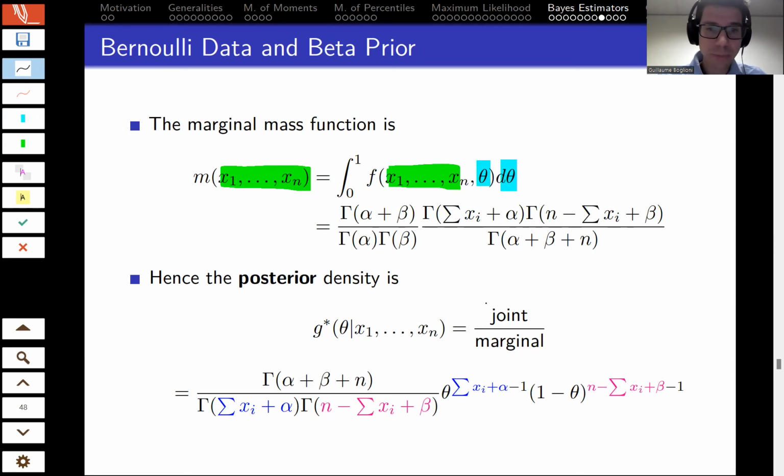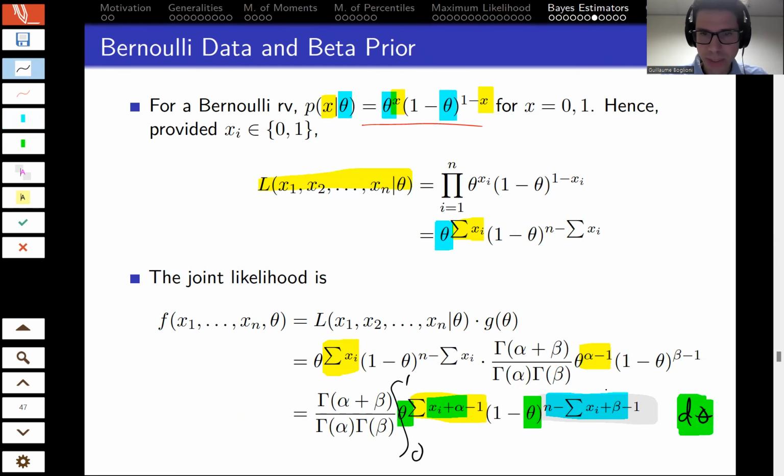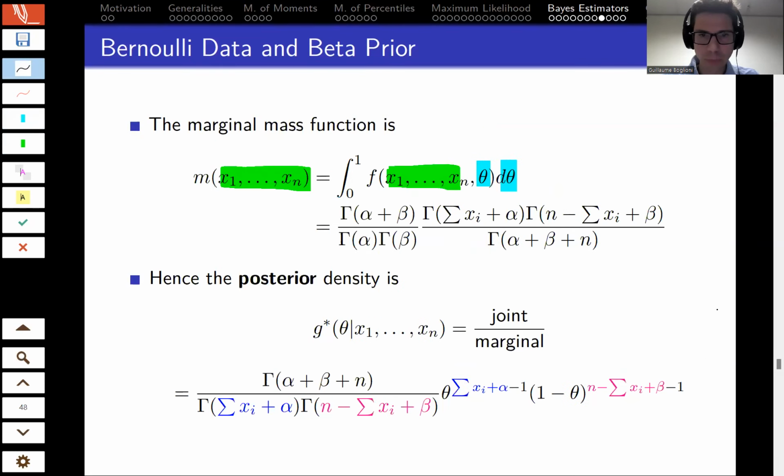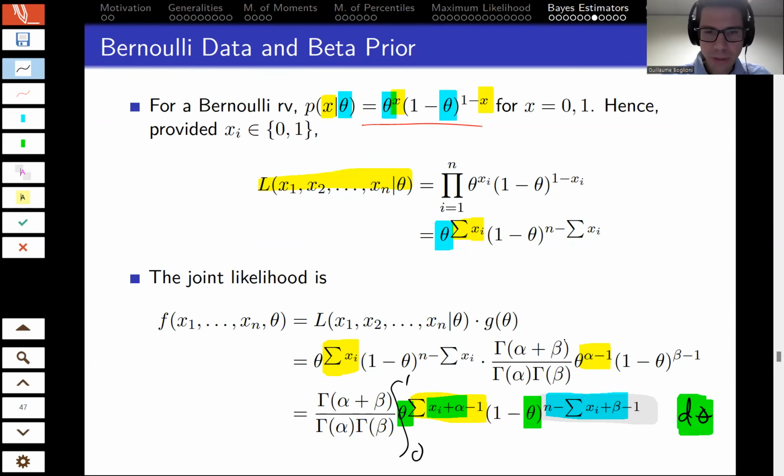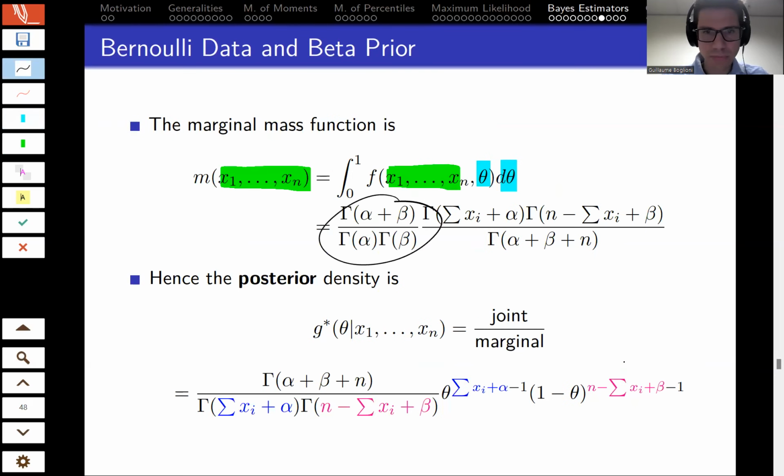Of course, the posterior of theta given the data is the joint divided by the marginal. So the joint, we have it, and then divide by the marginal. But you see, there are lots of terms that are going to cancel out, because we have this here, we divide it by the marginal, it disappears.